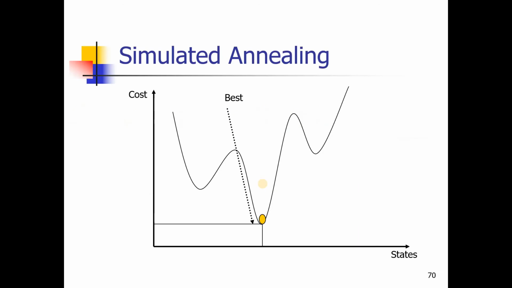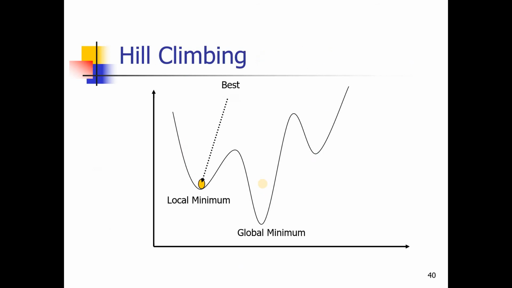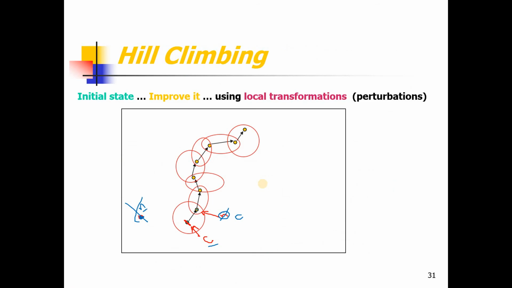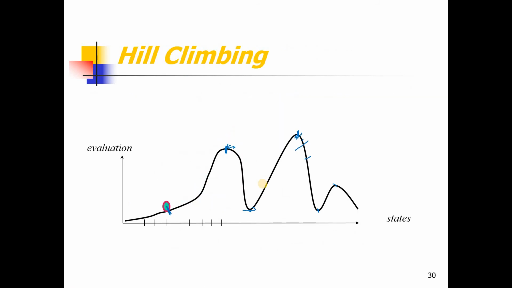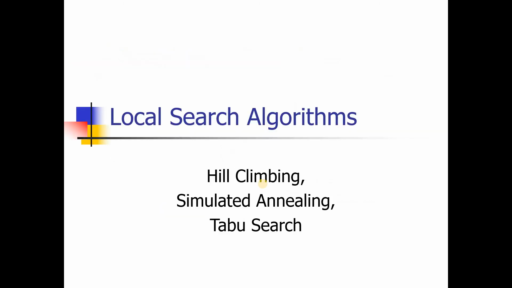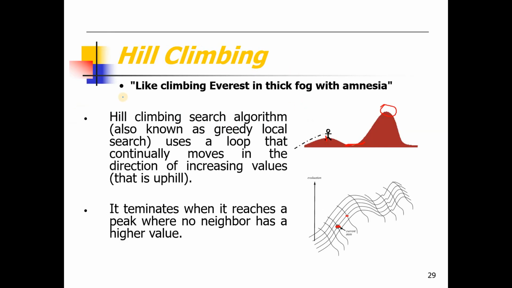If you remember at the start, I said that hill climbing is an approach where you are going to the Mount Everest. So let me go back. If you remember hill climbing, we discussed over there, where is it? Yes, this one. Hill climbing is the search algorithm where you are like climbing Mount Everest, the highest mountain in the world, in a thick fog with amnesia.